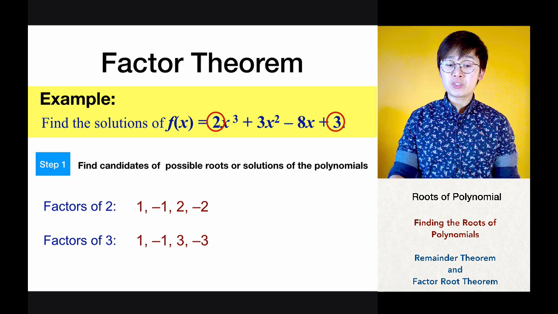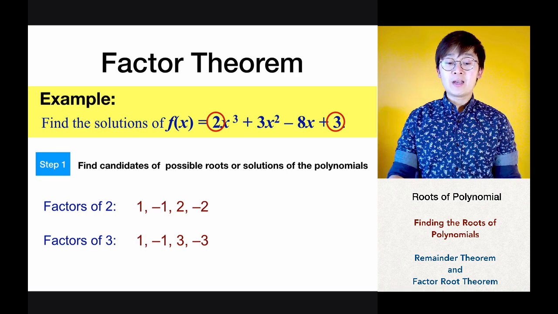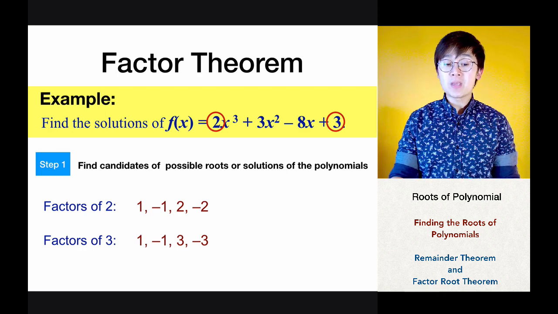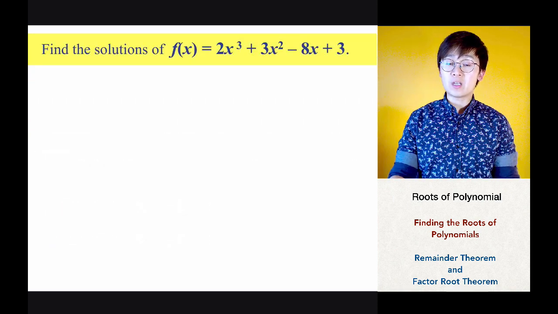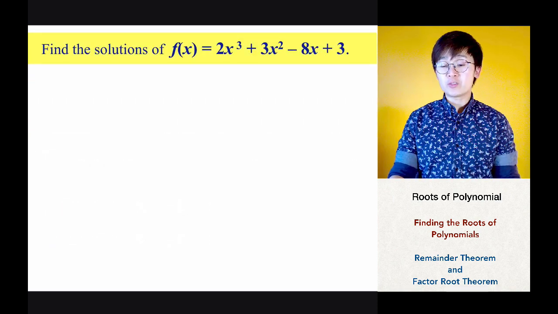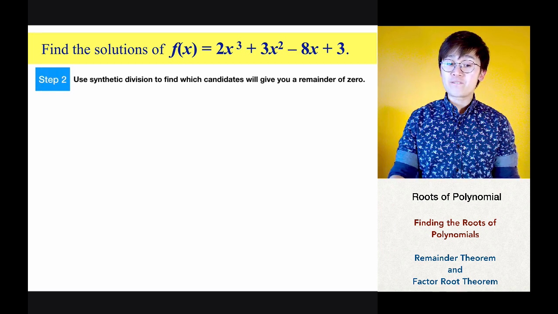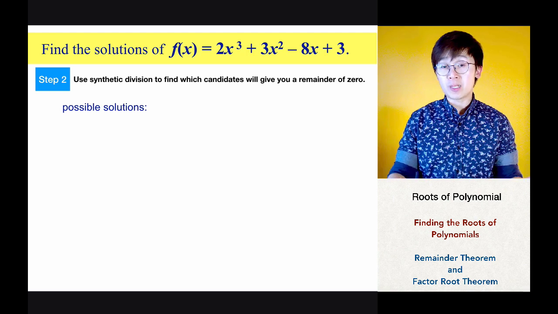Now these numbers are our clues as to which of them will give us the roots of our function 2x cubed plus 3x squared minus 8x plus 3. So how are we going to use all these candidates to find our solutions for this polynomial? We will be using synthetic division to verify if our candidates will give us a remainder of 0.